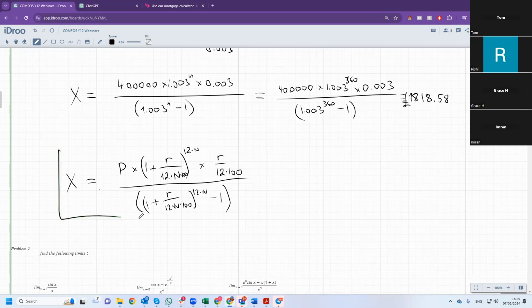So this is the general formula that you can use, where n is the number of years.